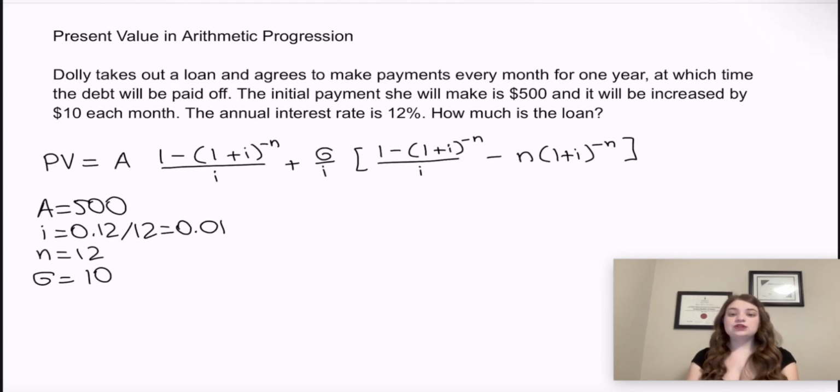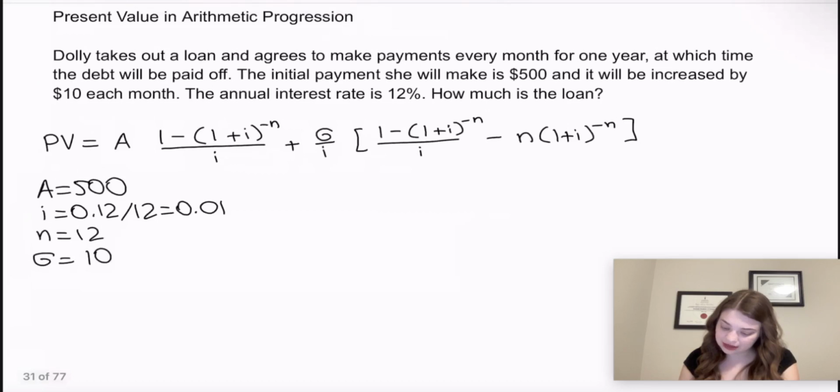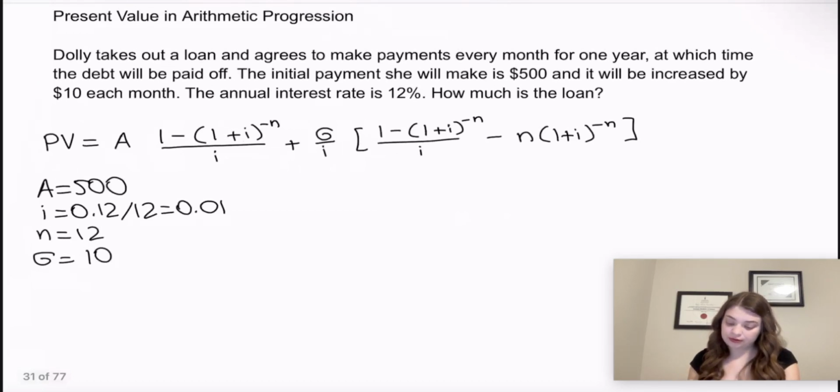Okay, now we're going to plug all of this into this massively long equation. The first part of the equation talks about the annuity value for the initial $500. That's why it looks quite familiar to us, probably from the annuities unit.